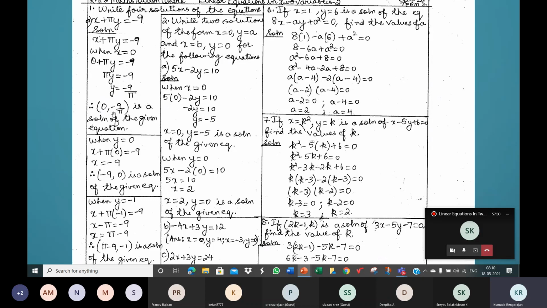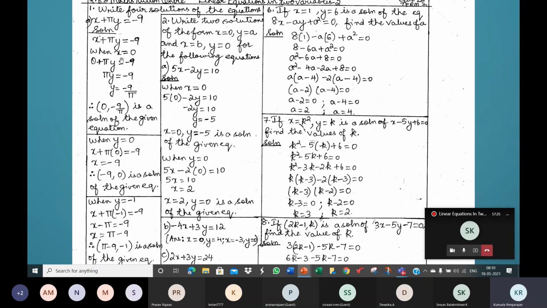That means this point will lie on the straight line. Because we are giving some value for x, you cannot just write, okay, 0, 2 lies on it. You cannot assume both x and y. You should assume x and find the corresponding value of y, or assume y and find the corresponding value of x.